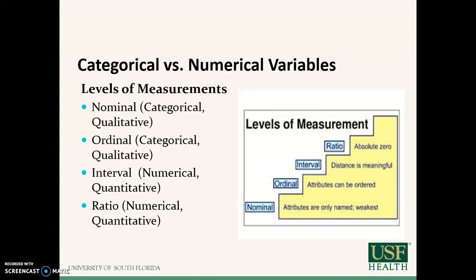So we have just finished measurement, and we know there are 4 levels of measurements that reflect how refined we want our measurements to be. And the 4 levels are nominal, ordinal, interval, and ratio.